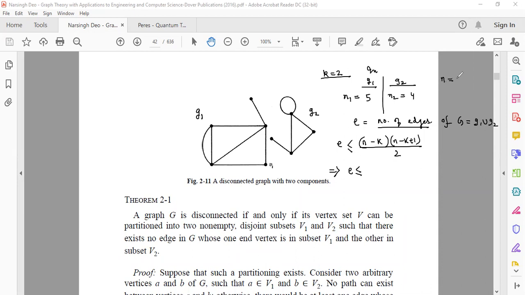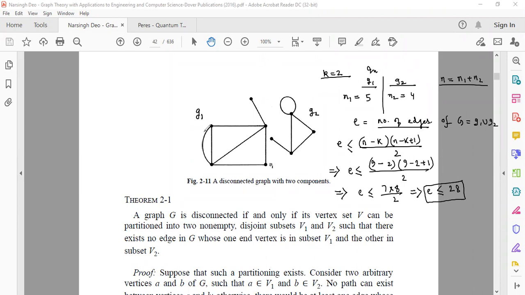Remember, since this is a disconnected graph, n is equal to n1 plus n2. So here n is 9, k is 2, and this implies E must be less than or equal to 7 into 8 by 2, which is 28.